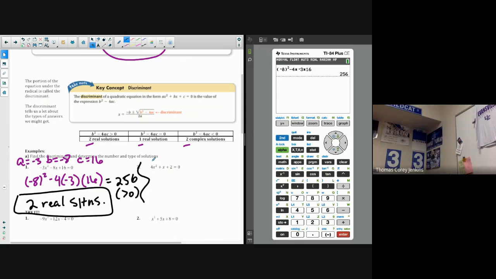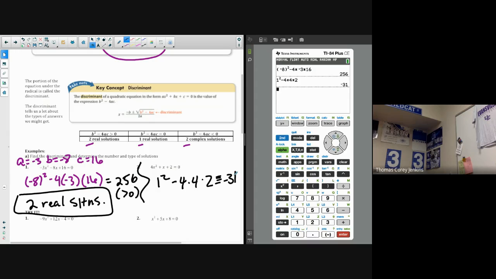Looking at number 2, same kind of deal. b squared would be 1 squared. Notice I didn't use parentheses there because that's positive. Minus 4 times a, which is 4, times c, which is 2. 1 squared minus 4 times 4 times 2 equals -31.